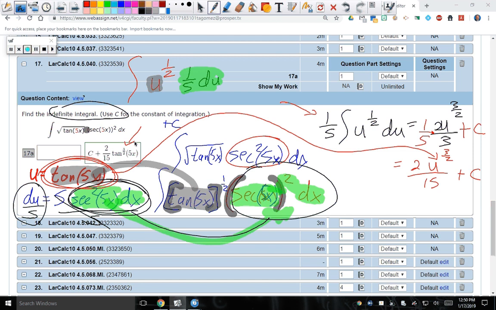Cool? How did you get the 1/5 over there? Because when I did the derivative here, this 5 was implicitly multiplied. Remember, you got to multiply by that derivative of the cream. And I needed it to have 1/5 du is equal to the stuff that I found in my original integrand that it was going to replace.